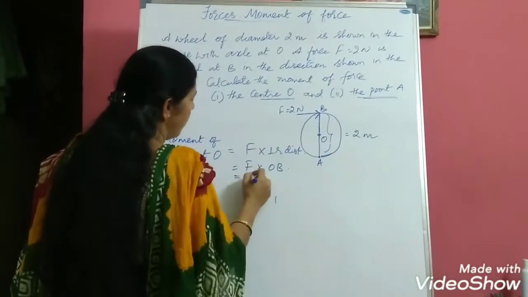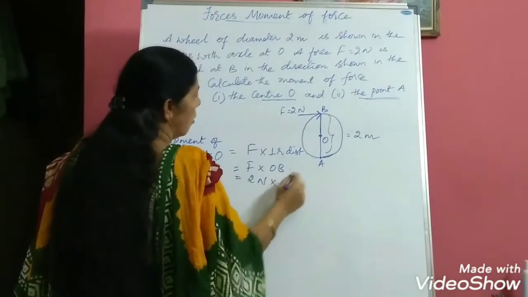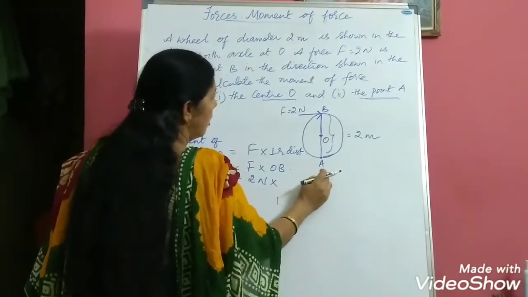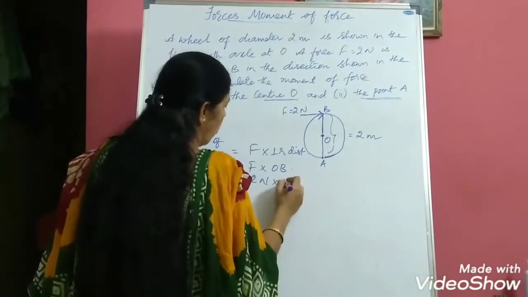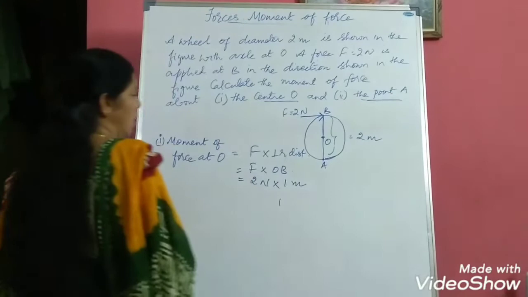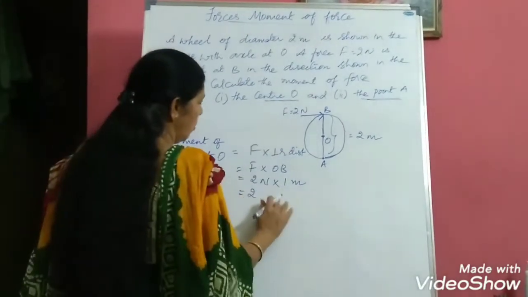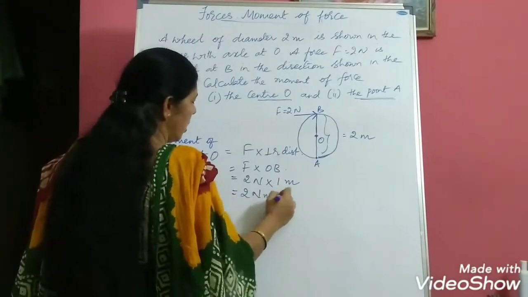F is 2 Newton. We know AB is 2 meters, so OB will be equal to 1 meter. So this is equal to 2 Newton meter.